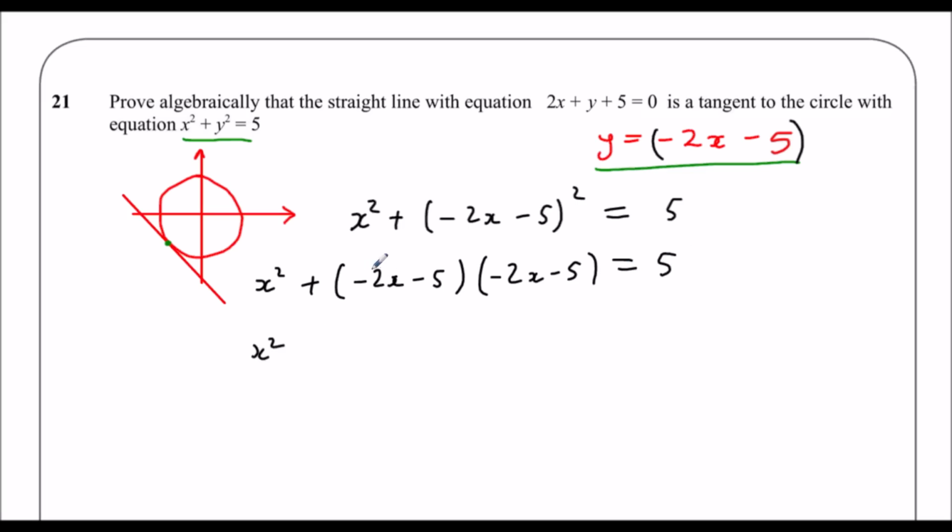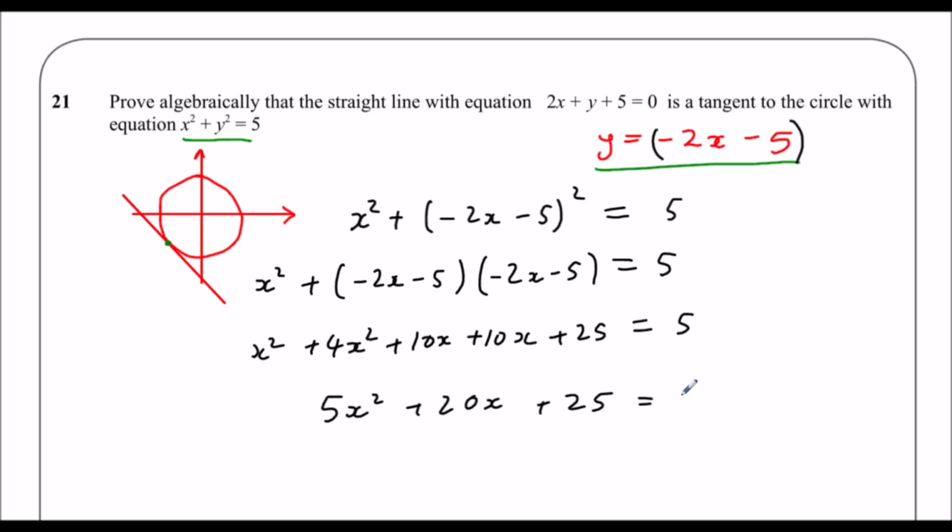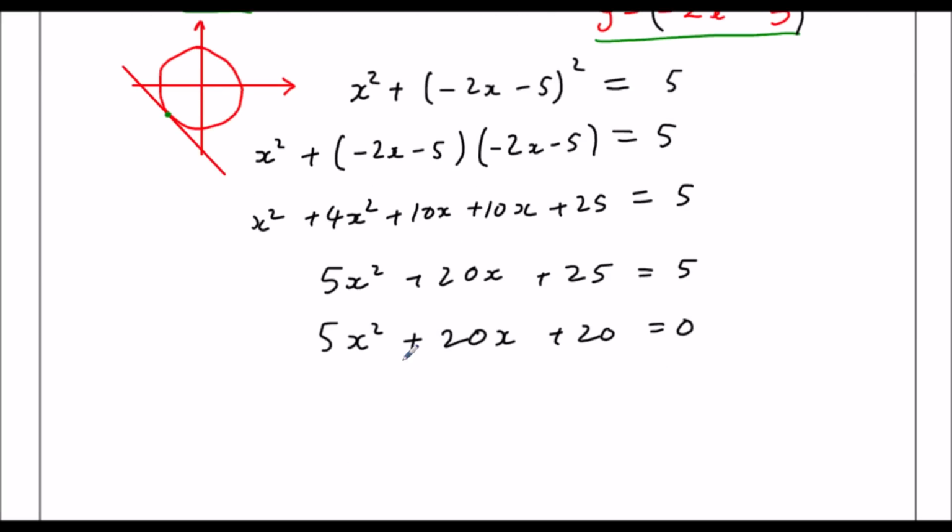So x squared plus 4x squared plus 10x plus 10x plus 25, a negative times a negative is a positive every time, equals 5. So we've got 5x squareds, 20x's plus 25 equals 5. And then take away 5 from both sides to make it equal to 0. Whenever we want to solve a quadratic, we make it equal to 0 first.